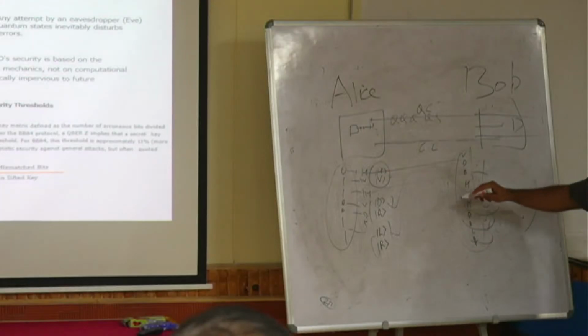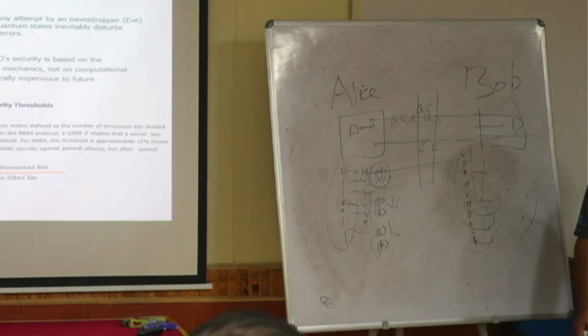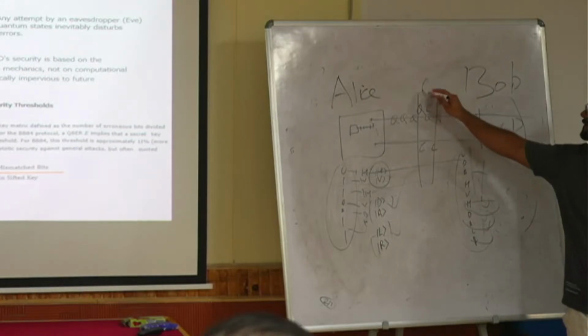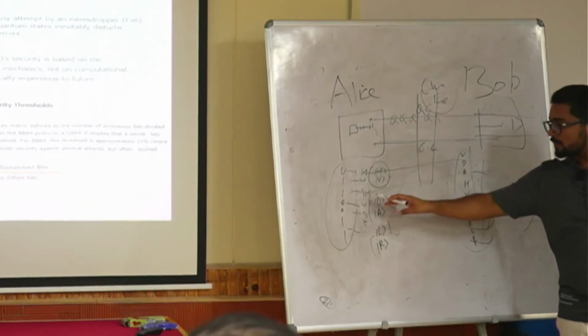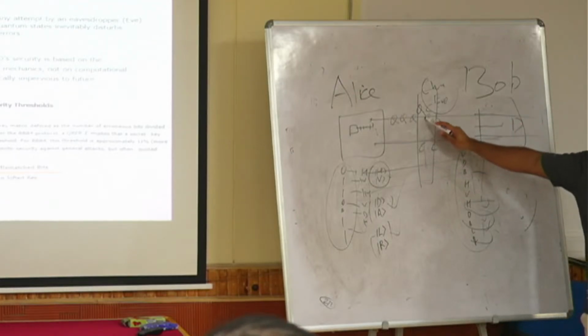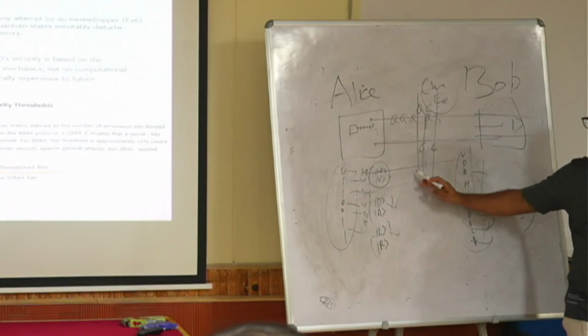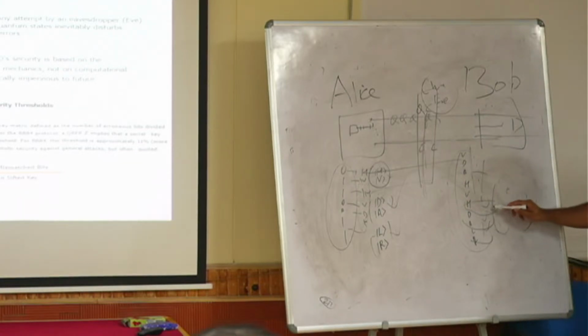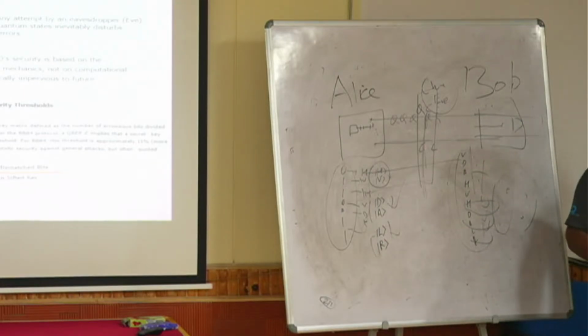And let's say there is an eavesdropper in between, Charlie or something, Eve. If Eve wants to know what is sent by Alice, then she will also use a random basis measurement, and once she uses that random basis measurement, the number of mismatches will be huge, because of the no cloning theorem, she is disturbing the data.